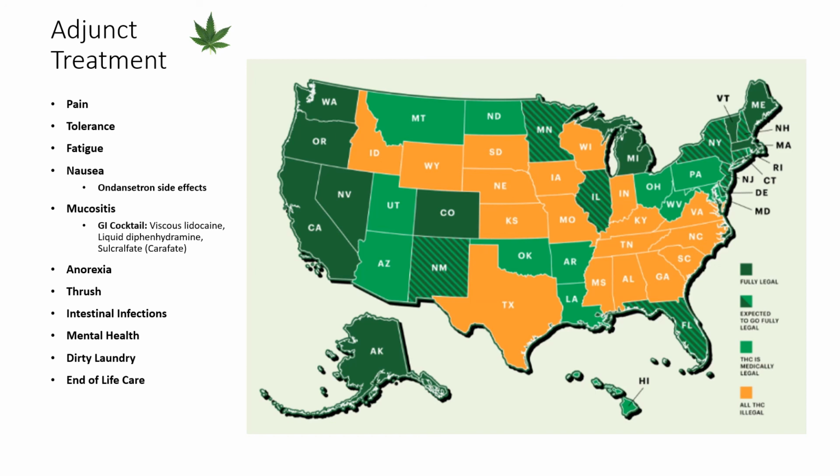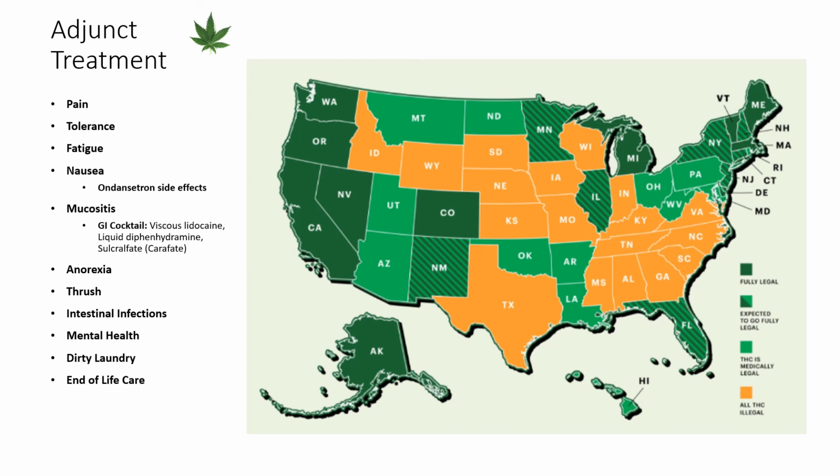This is just a map of marijuana and the legalities of it in the United States. It's fully legal in Canada, whether for medicinal use or for recreational use. But in the United States, it just depends on which state you're in.